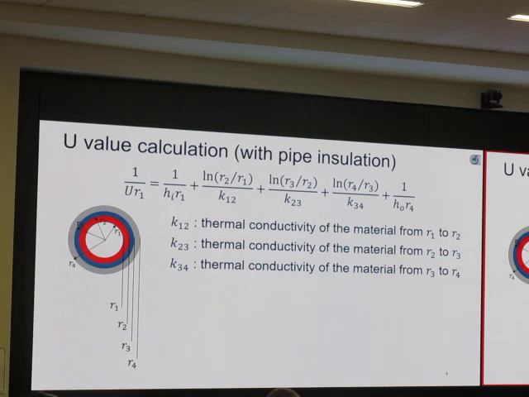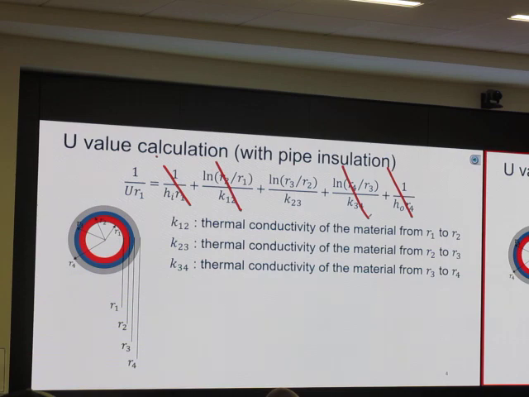Christian with a K. Alright, so what happens if all these terms go to zero? What happens to the U value? Go up or go down? Up, or down, sorry.